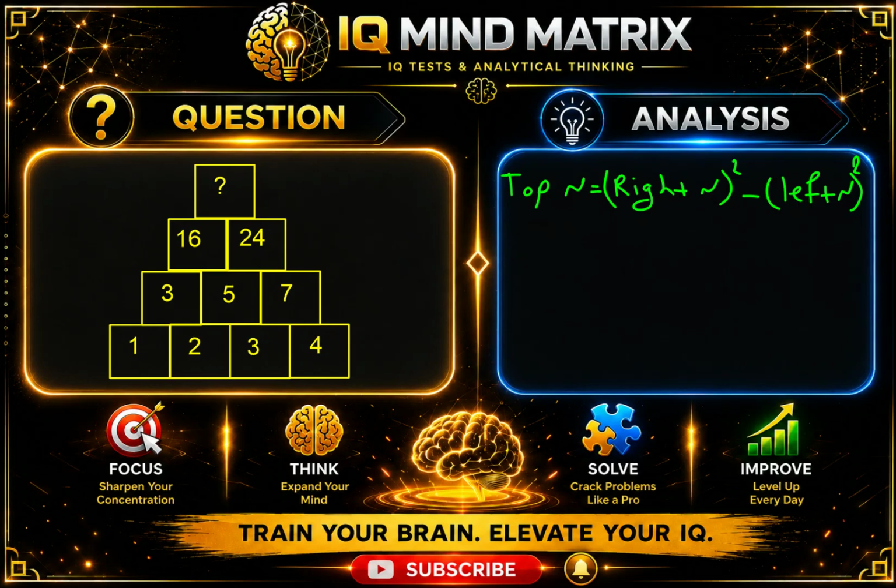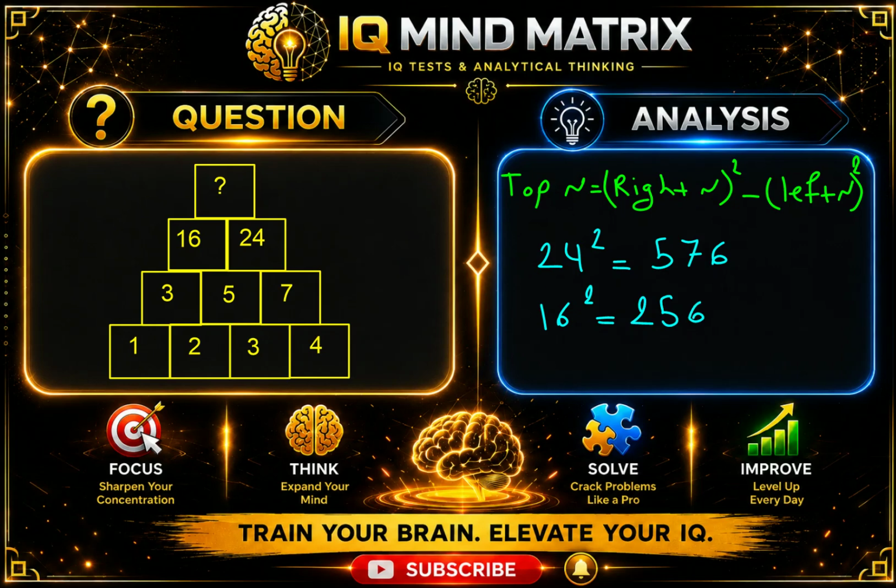Between 16 and 24, 24 squared equals 576, and 16 squared equals 256.